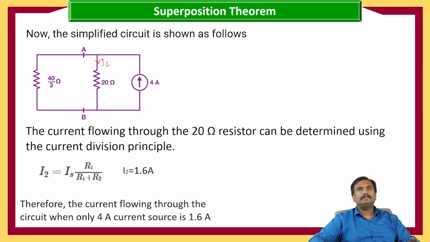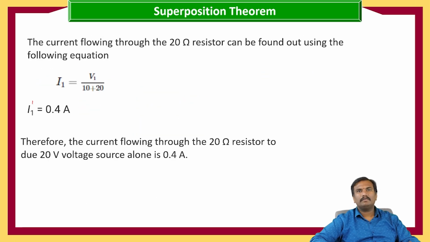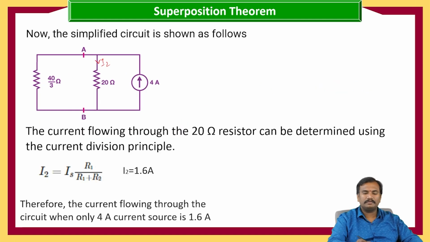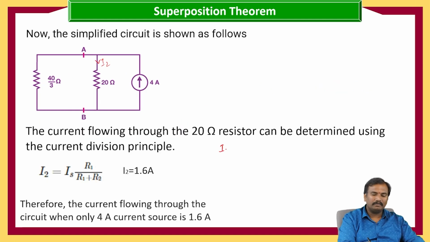Now we got the two currents, one current with voltage source and one current with current source. The voltage source current, with the 20 volts voltage, that is I1 value is 0.4 amperes, and I2 value we got as 1.6 amperes.